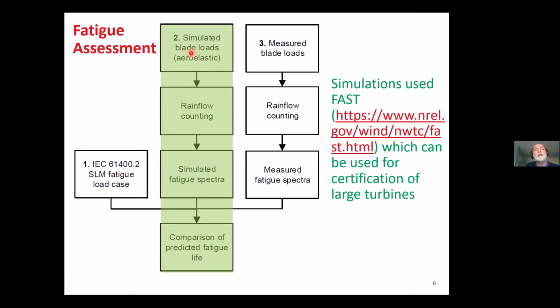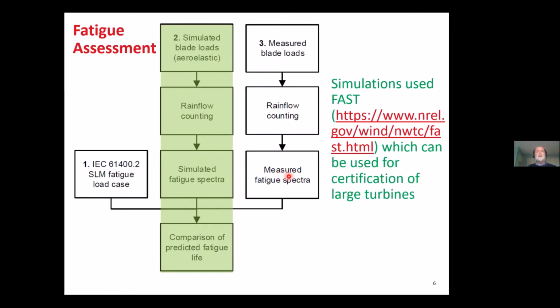The second one is to do effectively what is done for large wind turbines. We use an aeroelastic model to simulate the loads, formulate the fatigue spectra, and do the comparisons of fatigue life. Or alternatively, after you've designed and built your turbine, you can actually measure the blade loads and determine the fatigue spectra that way.